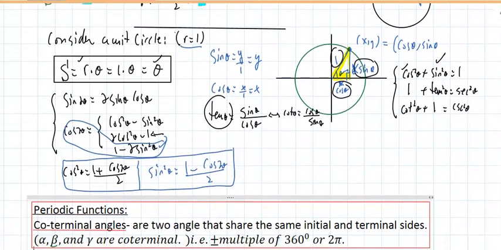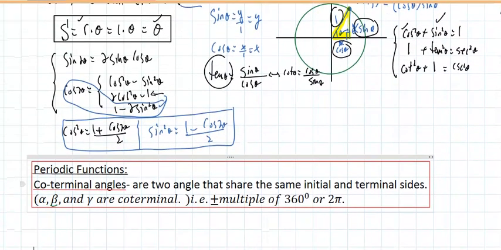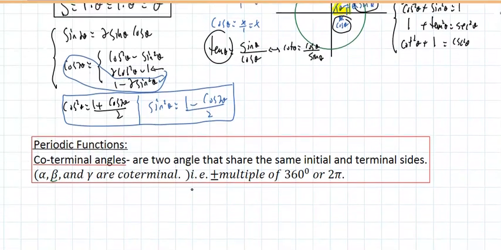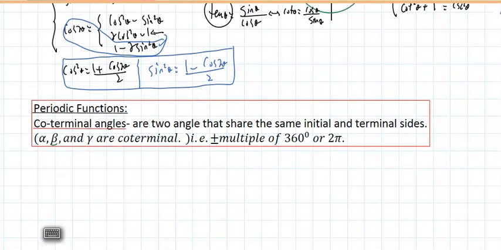And I remember as well, a very important concept is the coterminal angle. Coterminal angles are 2 angles that share the same initial and terminal side. You could take any angle that you like, add 2 pi or 360 degrees. So if this is an angle theta, guess what?